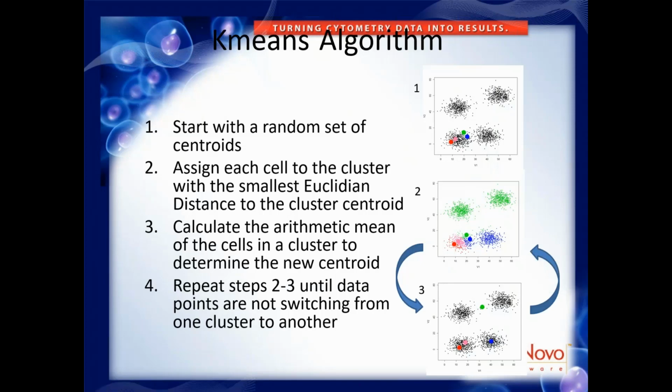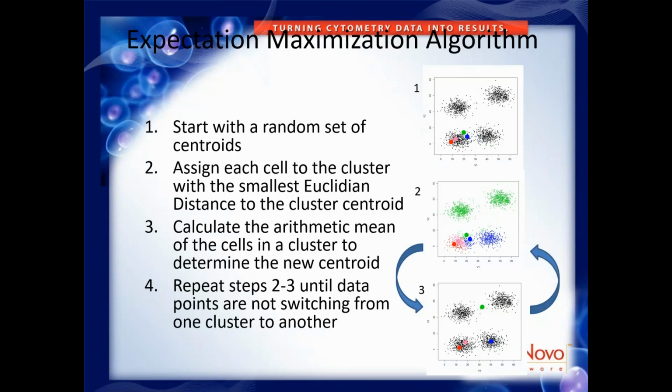So, if we start to move on and we say, what are the more sophisticated algorithms? You'll hear the term expectation maximization algorithms. All right, I know that sounds much more complicated. It's exactly the same as K-means. The only difference is that instead of calculating a Euclidean distance and calculating an arithmetic mean and starting with a random set of centroids, you start with centroids from some other algorithm in general.